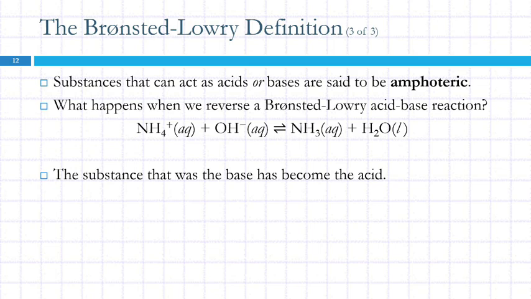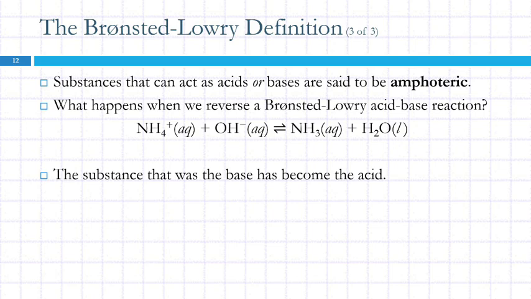So we saw water acting as an acid and water acting as a base. Substances like that are called amphoteric. That prefix ampho is the same one from amphibian. Where do amphibians live? The water and on the land, right? Both.